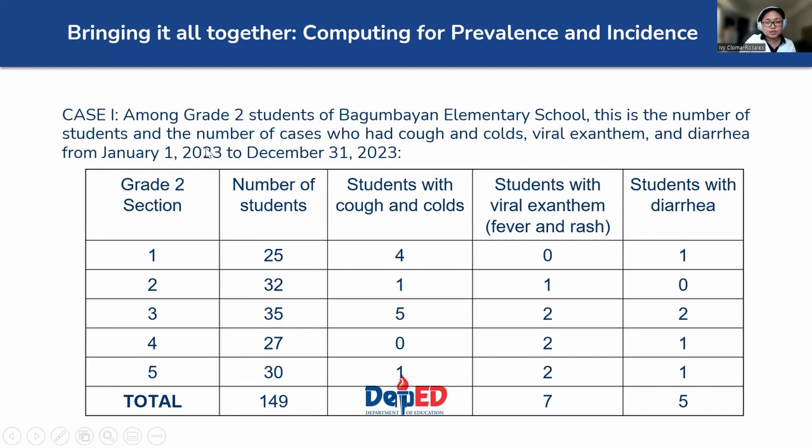From January 1, 2023 to December 31, 2023, you had students who had cough and colds, students who had a viral exanthem, or fever and rash, which is quite common in kids, and students with diarrhea. So, for example, you have this tabulation.